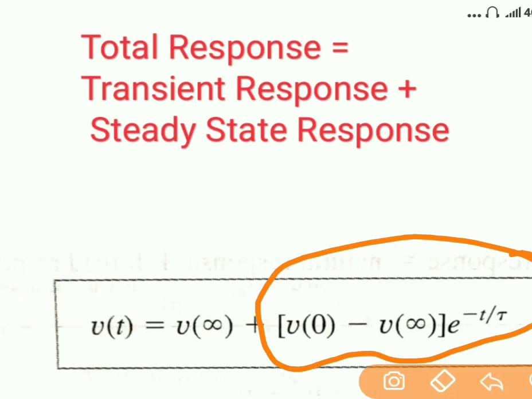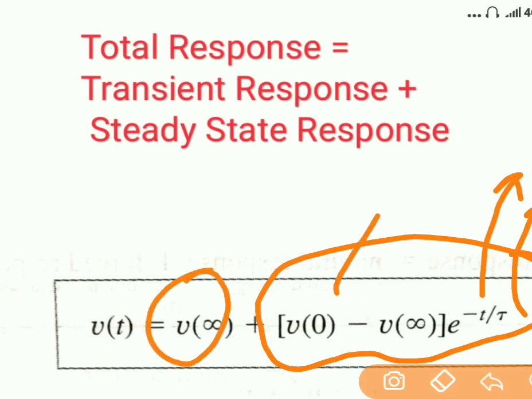How can you say this expression is the transient? Because you can see that the exponential term is there, and tau, the time constant, is there. So in this expression you have a steady state response and a transient response.